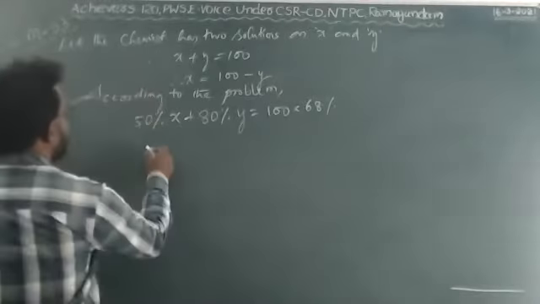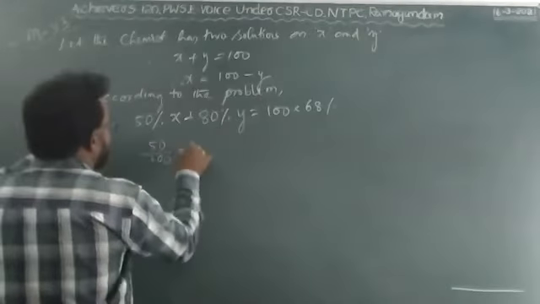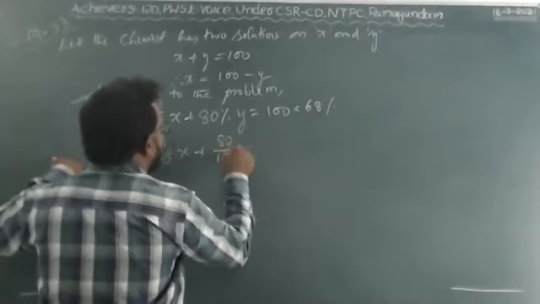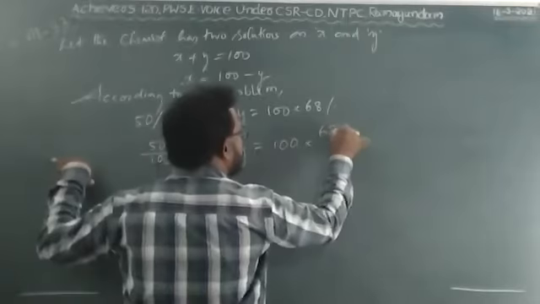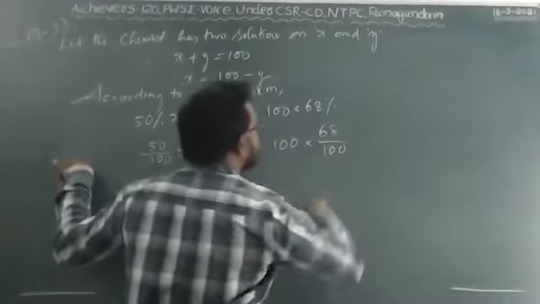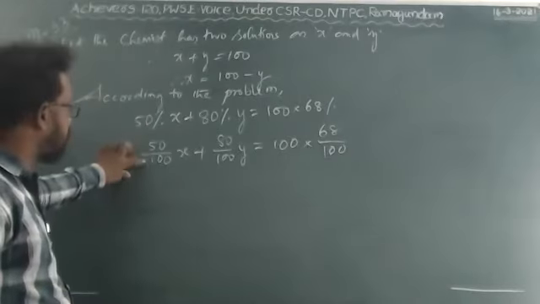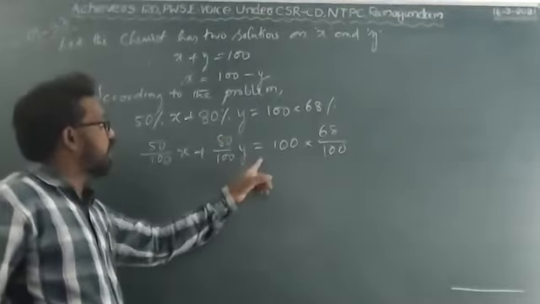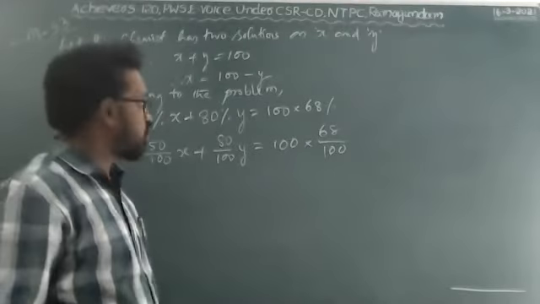So 50% is 50 by 100 x, and 80% is 80 by 100 y, is equal to 100 into 68%. That is 68 by 100.